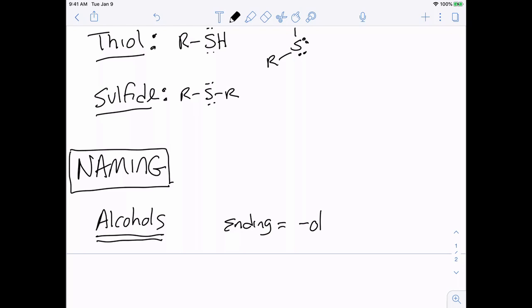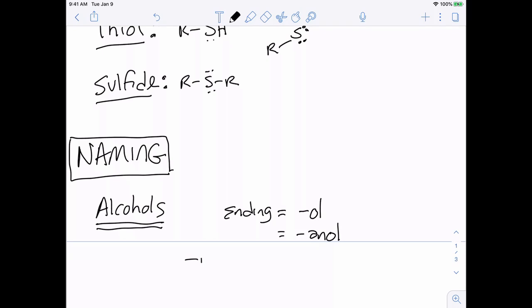So for now, though, because I only have alkanes, so all singly bonded oxygens, and then I'll add an alcohol group to it, we can really think of our ending as ANOL. If you had an alkene, you would actually do ENOL. Because they're all single bonds, we can do ANOL. If it's easier to do it that way, by all means. I like to think of it that way.